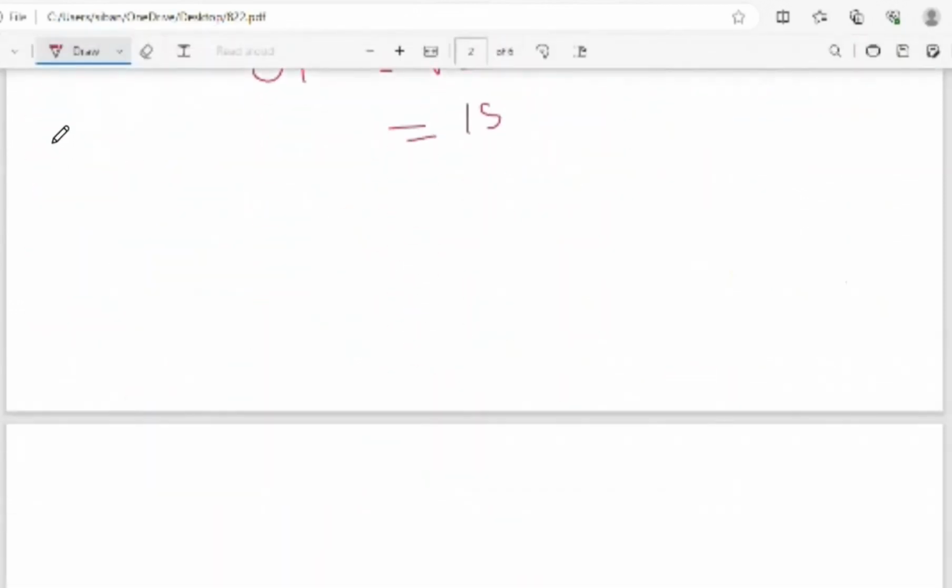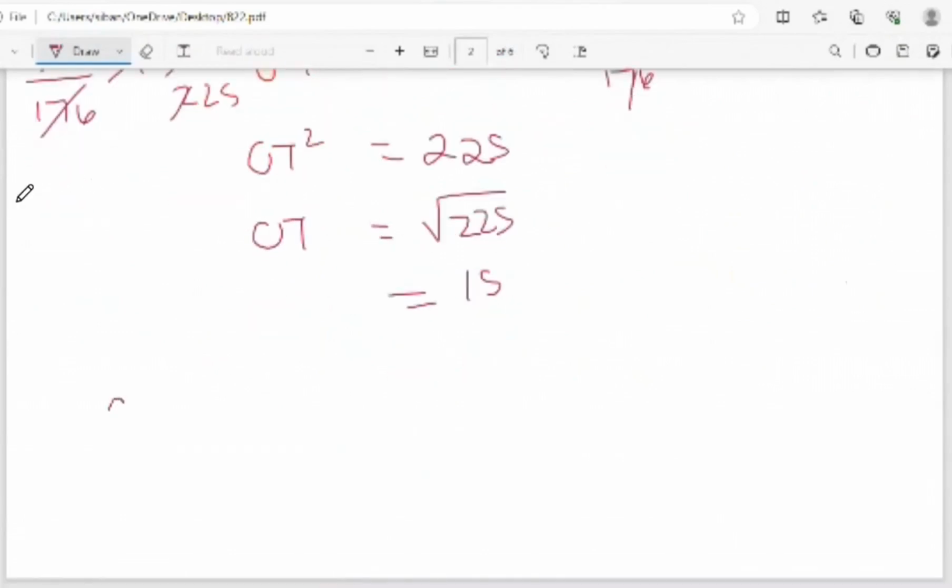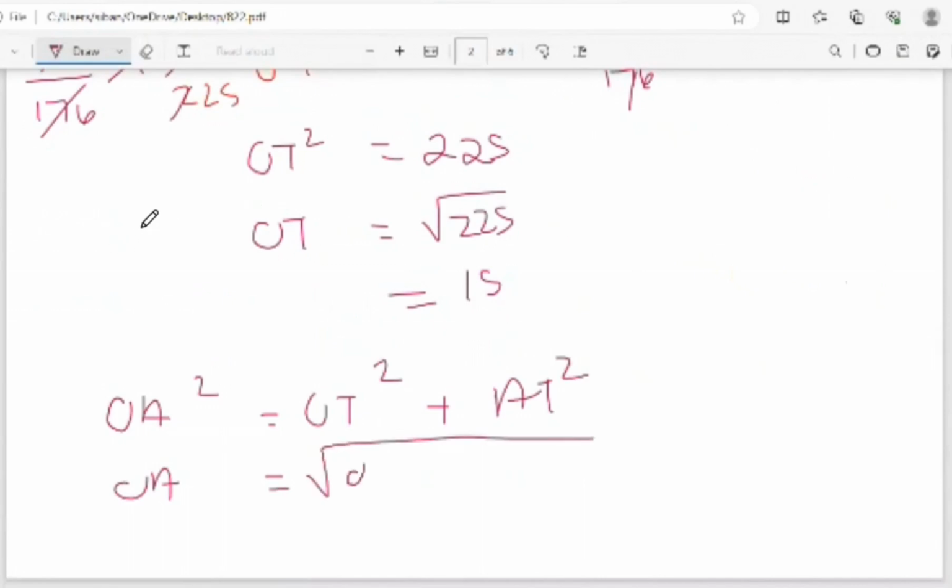So all we will do is we will say OA squared equals OT squared plus AT squared. Therefore, my OA is equal to the square root of OT squared plus AT squared.